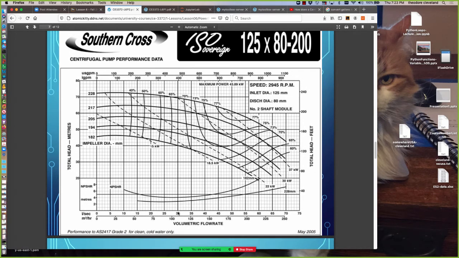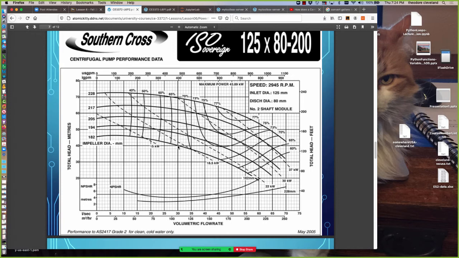For instance, at 30 liters per second, that particular impeller will produce about 40 meters of total head. So that might have been a good pump for our Africa case.